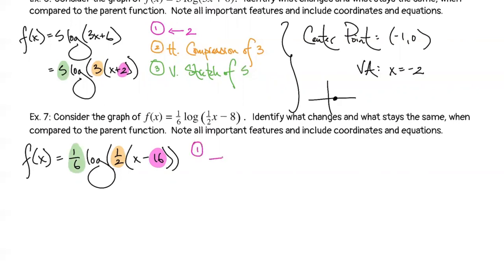So we're going to move to the right 16. We saw that before. We're going to have a horizontal stretch of 1/2. And what is our newly added transformation for this?